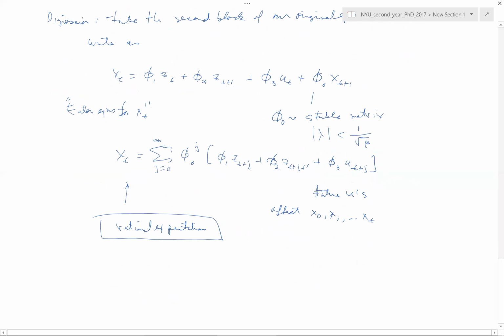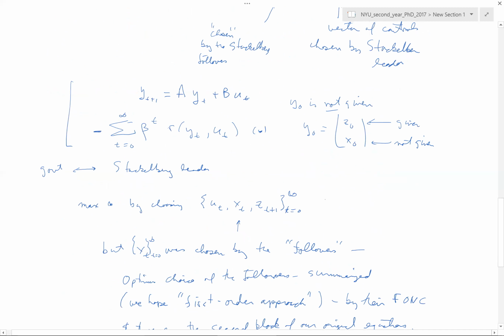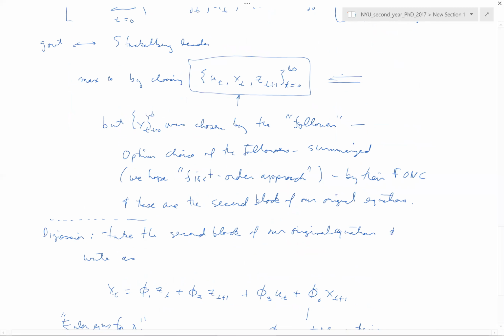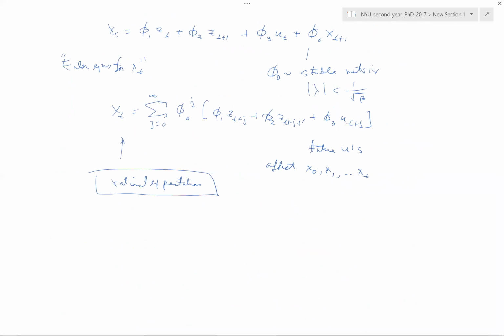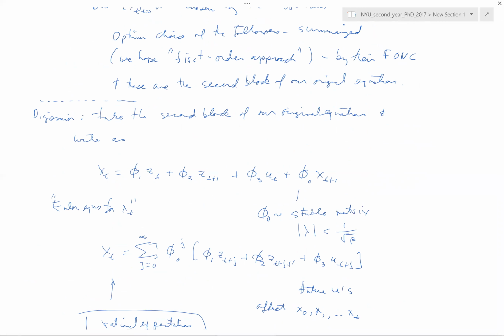So again, our problem is the government is going to choose this object, and we want to formulate that. And what we're going to do is give a recursive formulation of this. Oh, by the way, just a little bit of slang. I'm using language loosely. I'm going to refer to this as a Bellman equation.